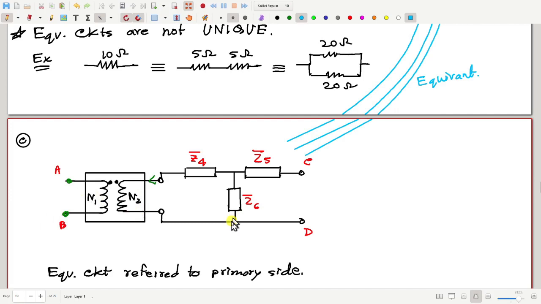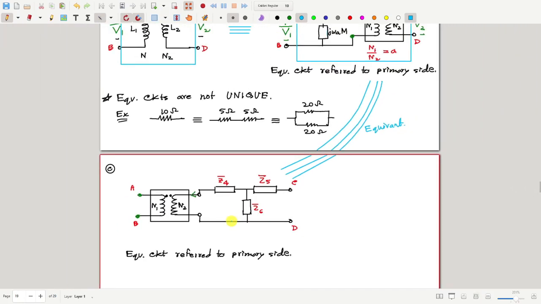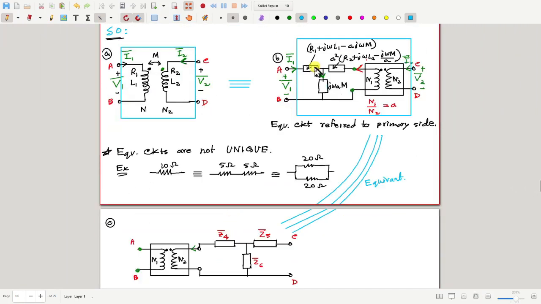In this case, you see that this Z1, Z2, Z3 structure is on the left side of the transformer, but here the same structure is connected to the right side, the secondary side of this transformer, and the transformation rules are Z4 should be equal to Z1 multiplied by (N2 by N1) whole square.